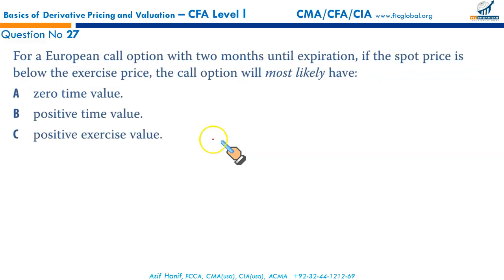Next, for a European call option with 2 months until expiration, if the spot price is below the exercise price, you have the call option, that's the right to buy, right?